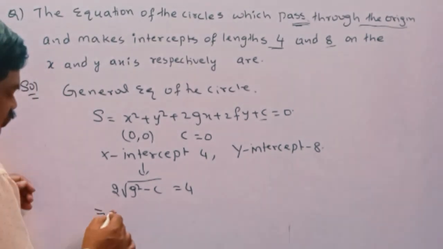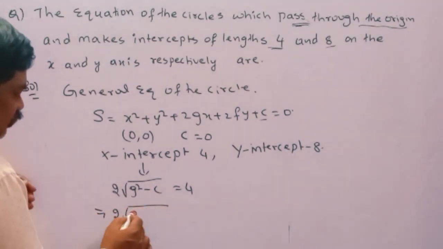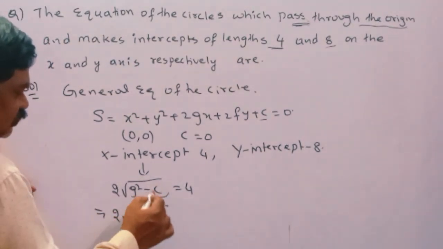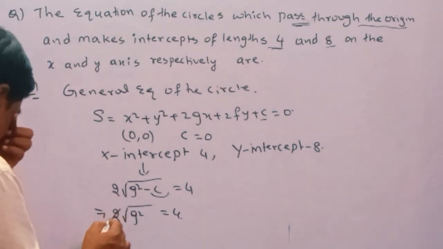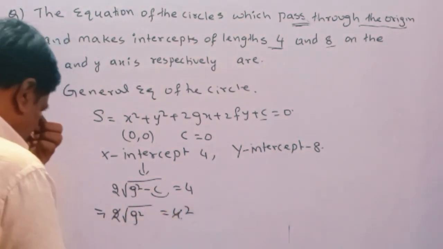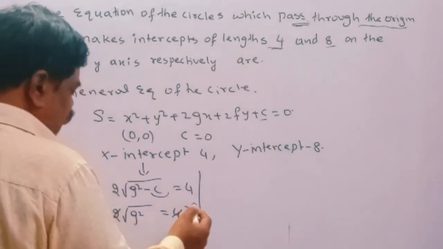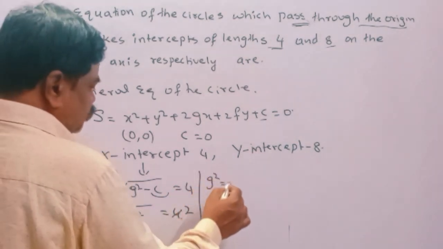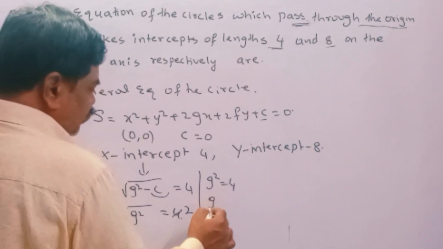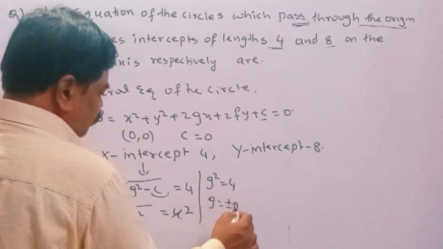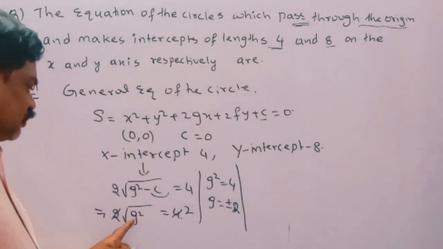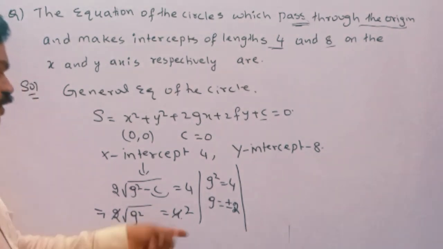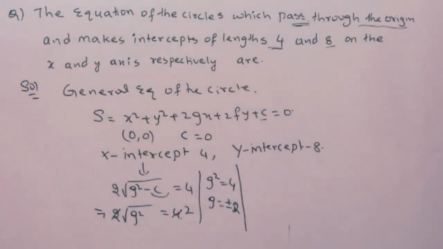This implies 2 into root over g square minus 0 is equal to 4. Squaring on both sides, g square is equal to 4, and g is equal to plus or minus 2.